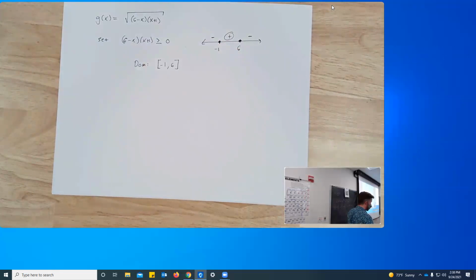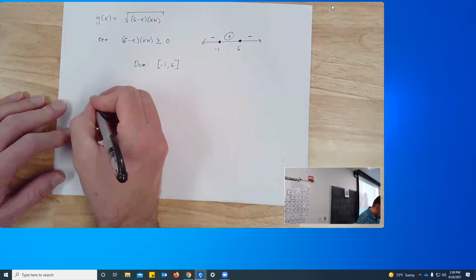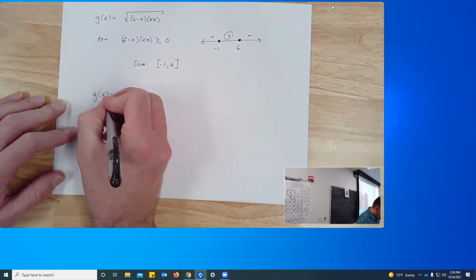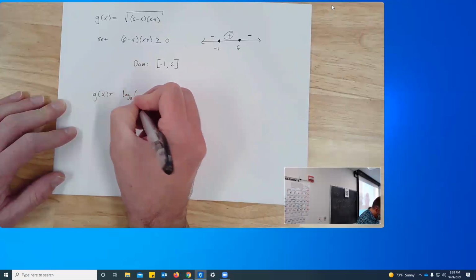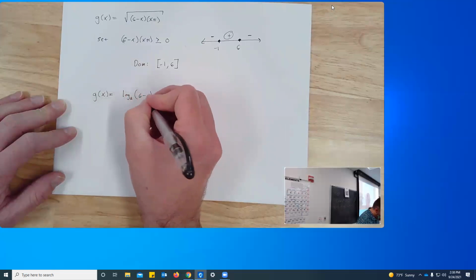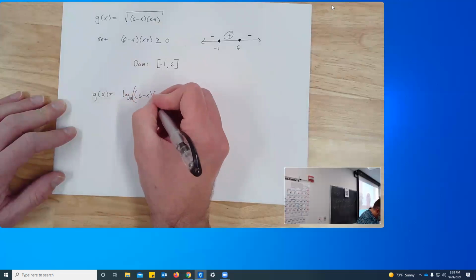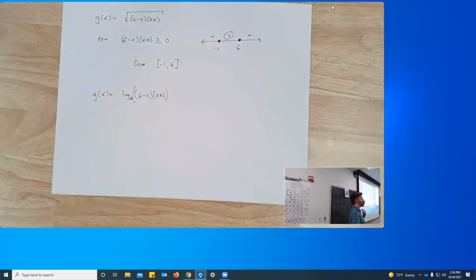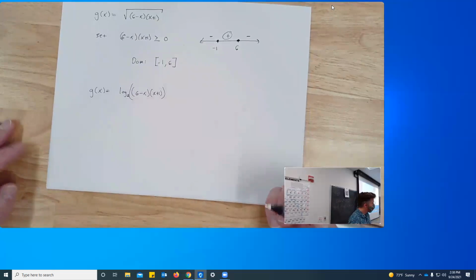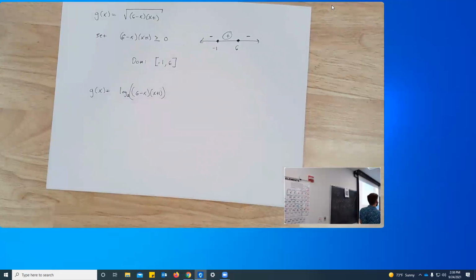On the other hand, if our function was, say, something like the log base 2 of (6 minus x) times (x plus 1), the domain would be virtually the same, but slightly different. Because when you have a logarithm, we can only take the logarithm of positive numbers.